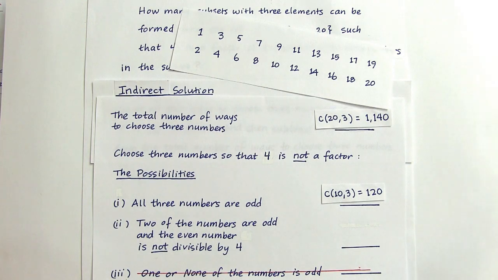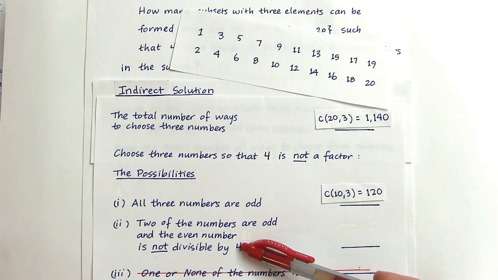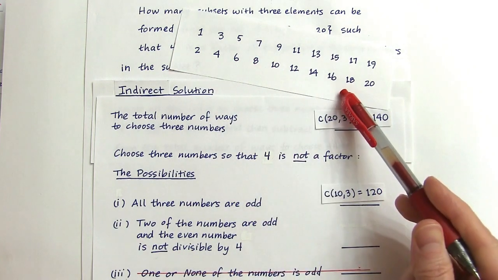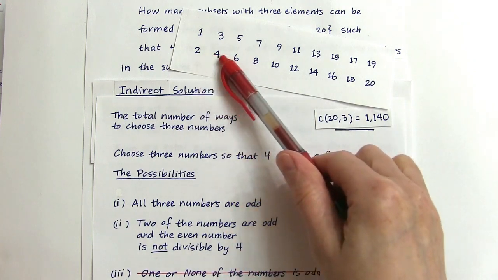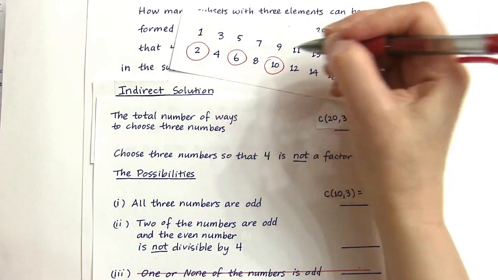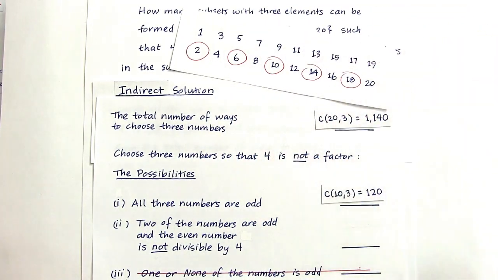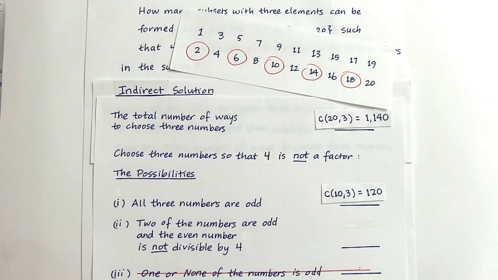Finally, how do we choose two of these numbers to be odd, and one is even, but not divisible by 4? Well, if one of the numbers is even, but not divisible by 4, that's every other even number, like this. And there are 5 even numbers to choose from.